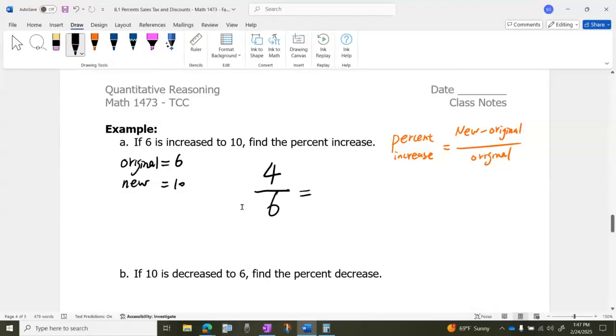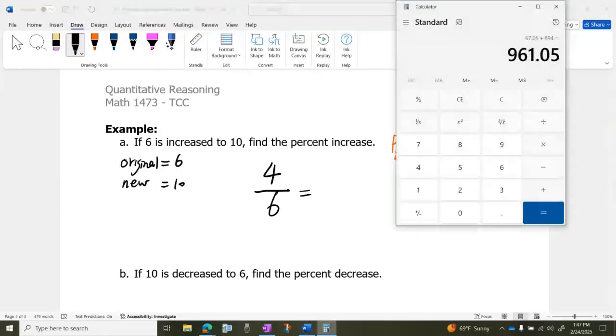From 6 to 10, the number has gone up by 4, and you're going to compare that 4 with the original, not this month, last month. And let's see, how do we write that as a percentage? That's a fraction, right? Divide 4 by 6, and then multiply by 100, and then attach the percent sign.